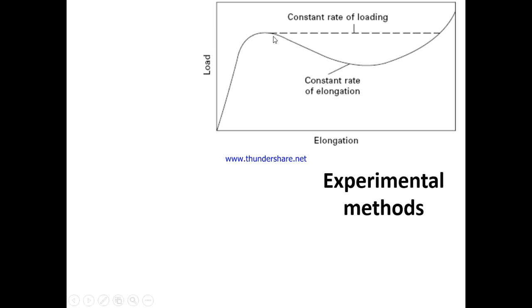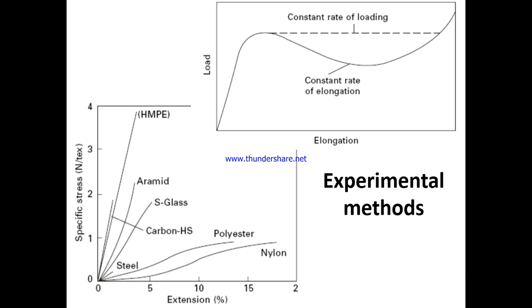So this is the slackening of the specimen. That means the material is easily elongated without the application of any load. As the rate of elongation is constant here, without the application of the load, the material will try to elongate. This is one of the demerits of the constant rate of elongation principle.